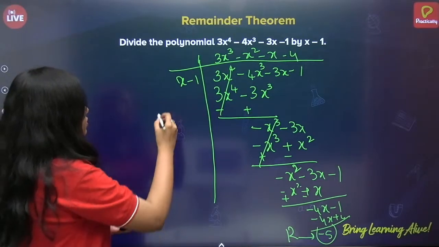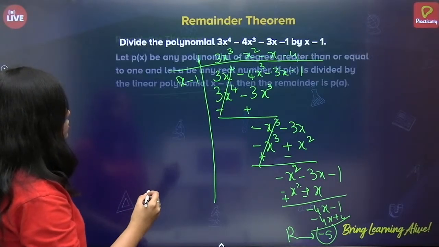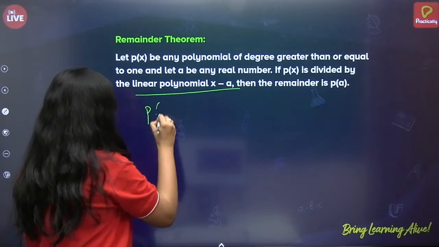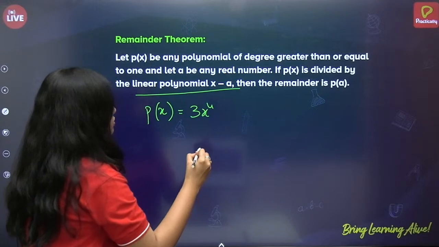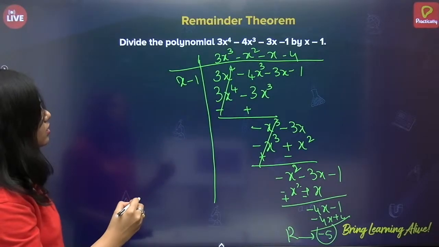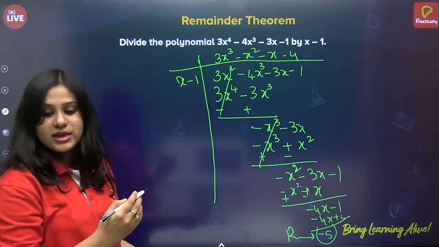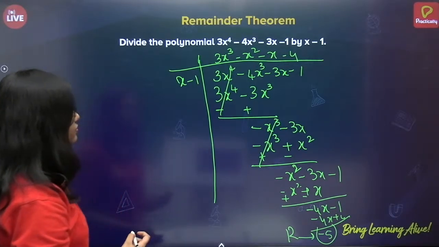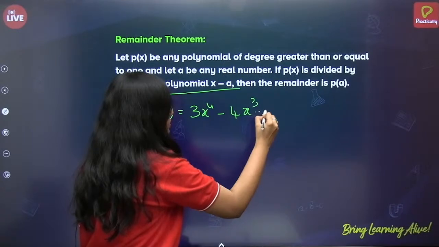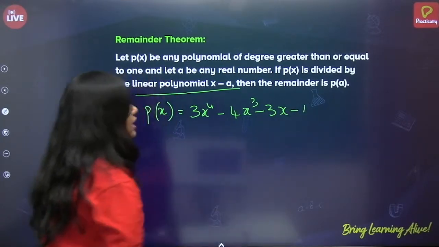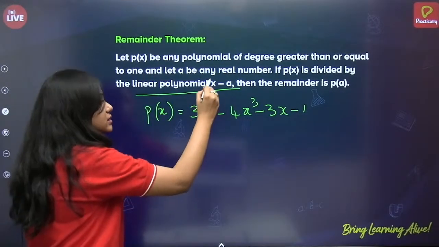So P of x is equal to 3x power 4 minus 4x cube minus 3x minus 1. And what is the divisor?